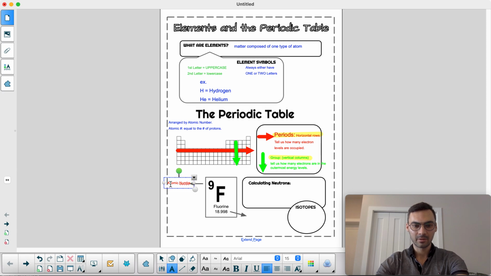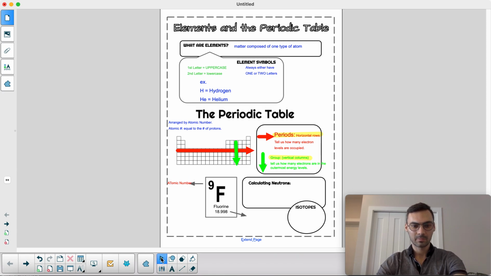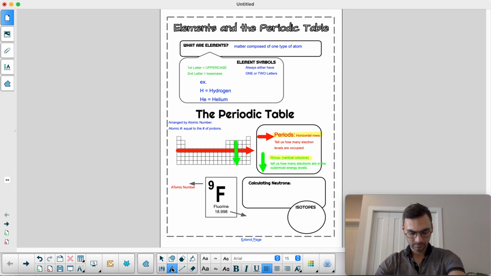Atomic number, which is, remember, the protons and electrons. So it is the number of protons.